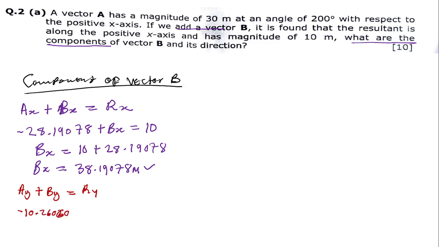Yeah, I think this is the right one. Plus By, which is equal to Ry, which was 0, so By will simply be equal to 10.266060. So this was the value for B.